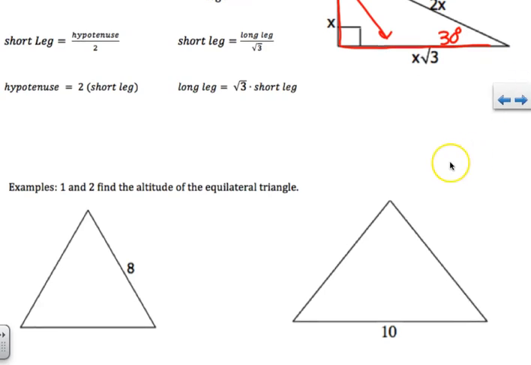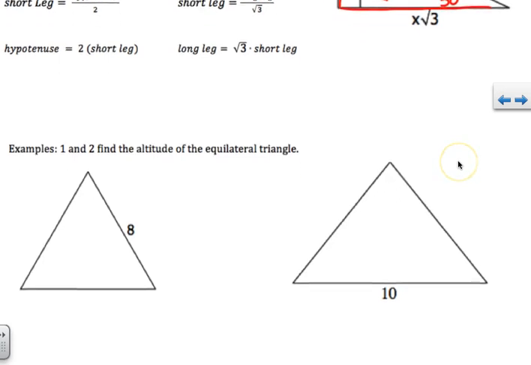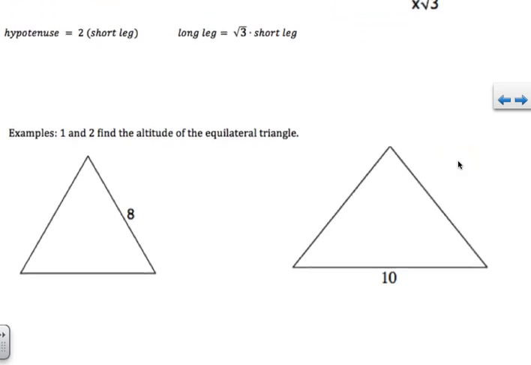So first two examples, you want to find the altitude of the equilateral triangle. So first off, I need to drop an altitude down, and then I want to find the altitude, so I'm looking for x. Okay? Now, if this is an equilateral triangle and this was 60 and I cut it in half, that means this angle measurement is 30 and this angle measurement down here is 60.